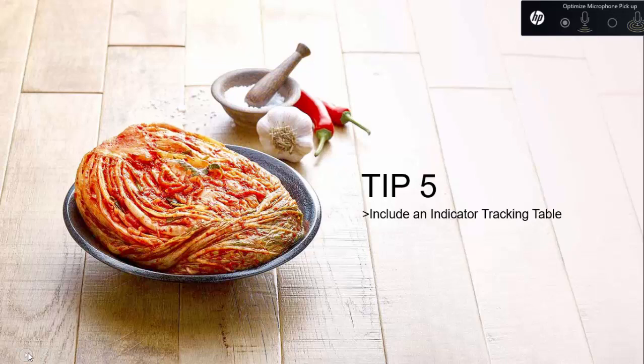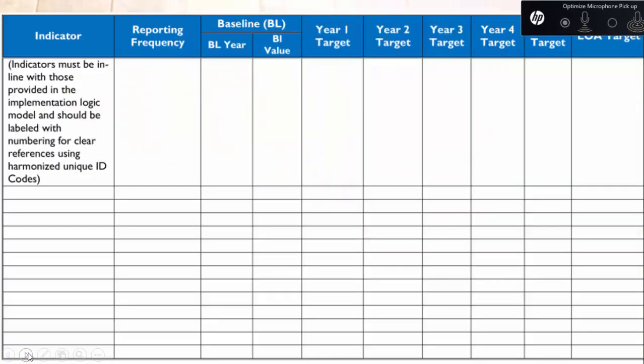Another important tip, and the last one but not the least, is to have an indicator tracking table in your document. Now, an indicator tracking table, for those of you who don't know it, looks something like this. What it does is you have all these indicators that you want to measure. Each of these indicators obviously has a target.